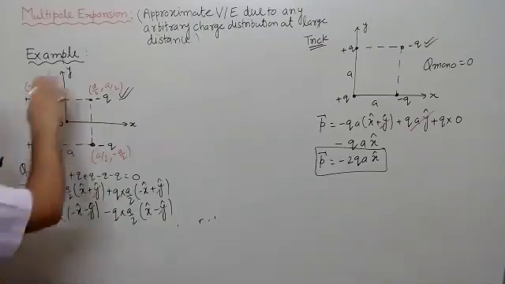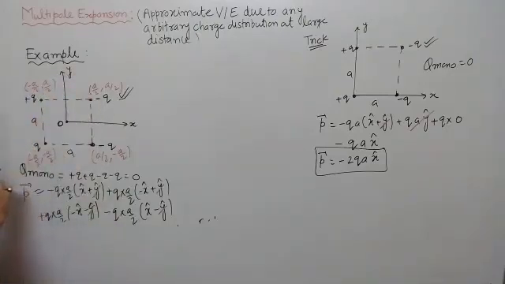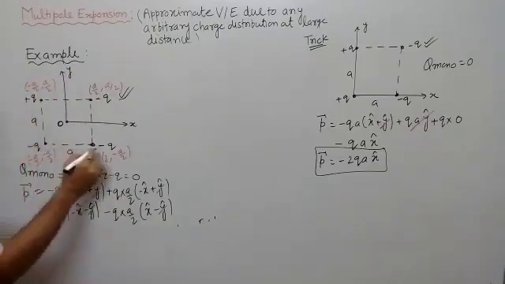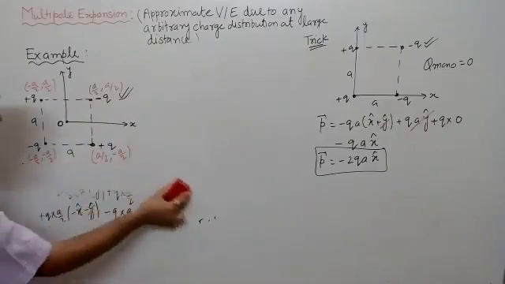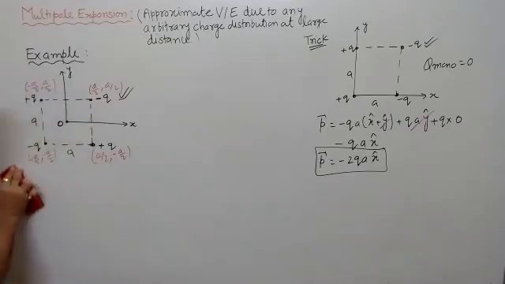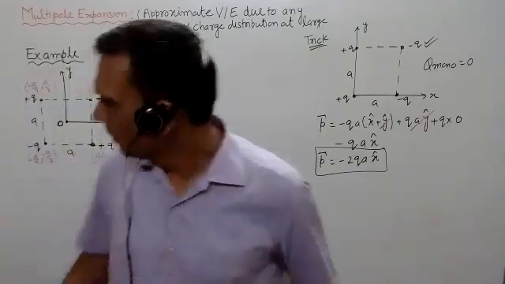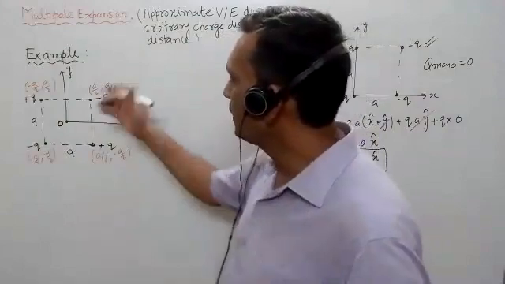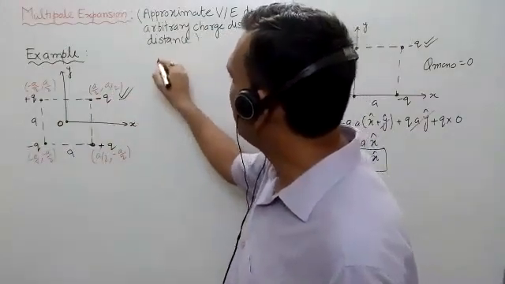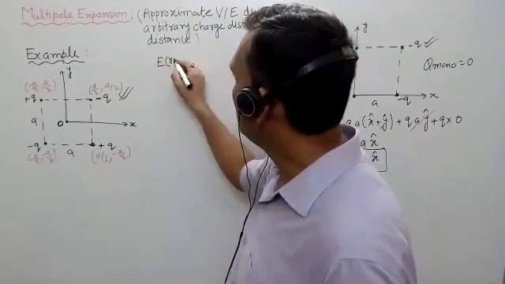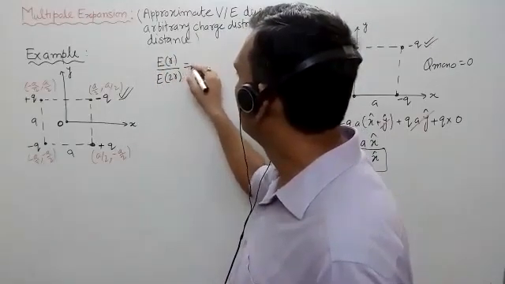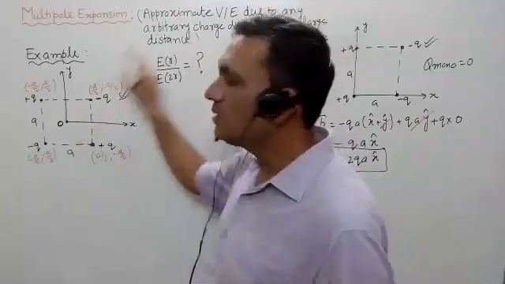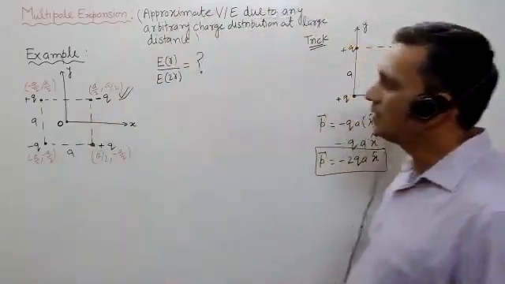In this example, you have considered the same charges, but now this is plus Q, minus Q, this is plus Q, this is minus Q. You have plus Q, minus Q, plus Q, minus Q, and you have to find what will be this ratio, ER by E2R, where R is far away from the charge distribution.